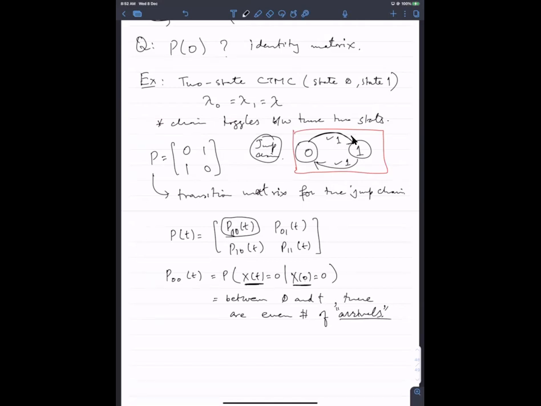So remember that when you have Poisson arrivals, the inter-arrival time was exponential. तो यहाँ पे बिल्कुल exactly वही हो रहा है.